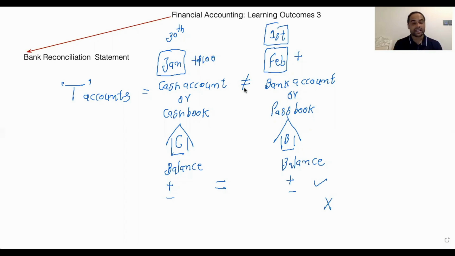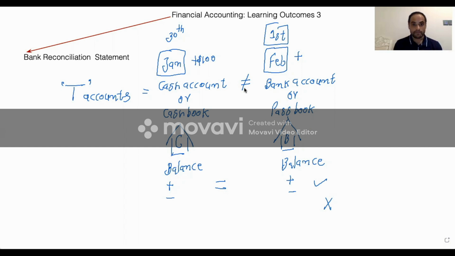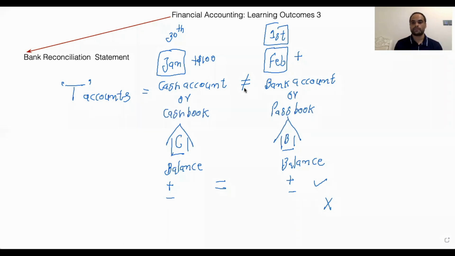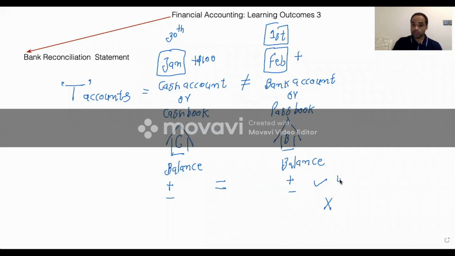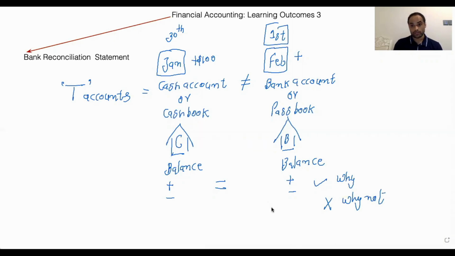That's why practically, sometimes at the end of the period, the balance between cash account and bank account is not equal. Did you understand that? Did you understand why the balance should be equal, and why not? It's equal because of this reason, and the balance is not equal because of that reason.